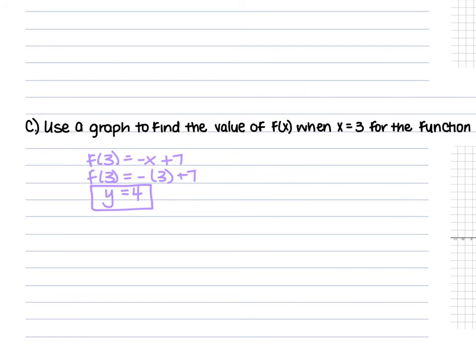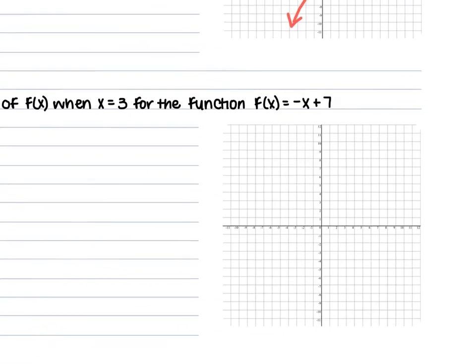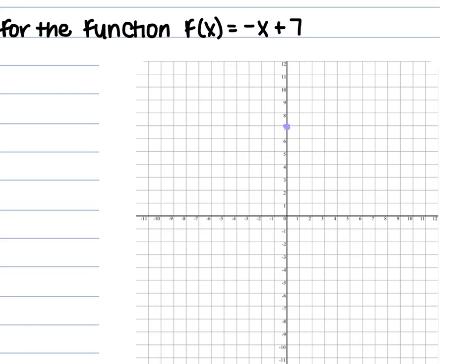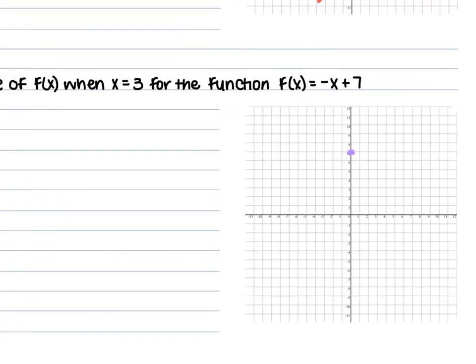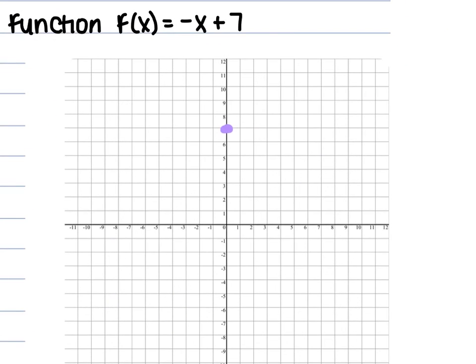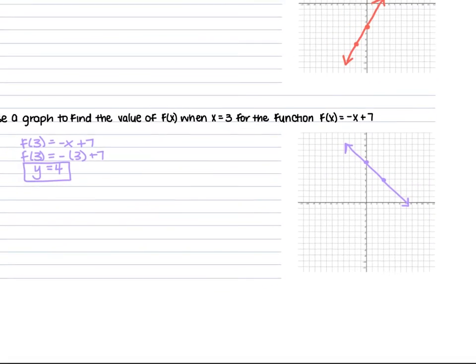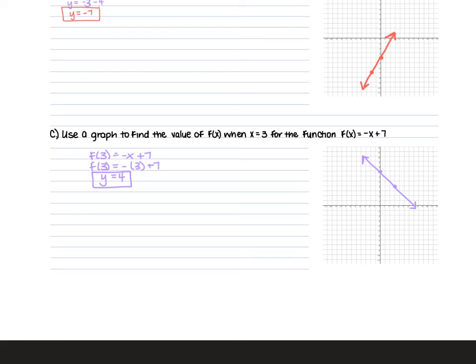So again, we can find our y-intercept by that 7. So we'd have 1 point at 0, 7, and then we have that other one at 3, 4, which is here. So 2 ordered pairs. We can draw our line through them, and then we're done. And then that y is equal to 4 when x is 3.